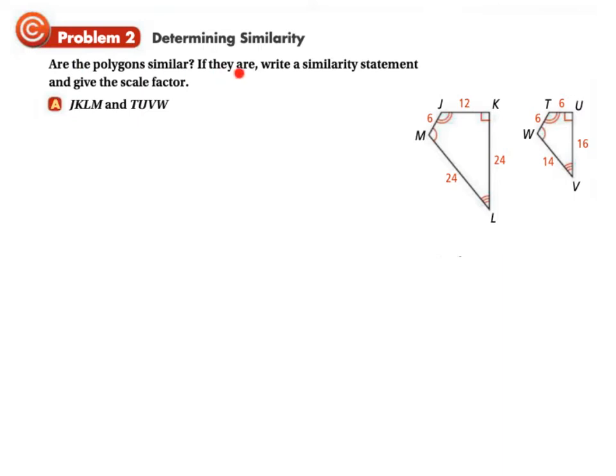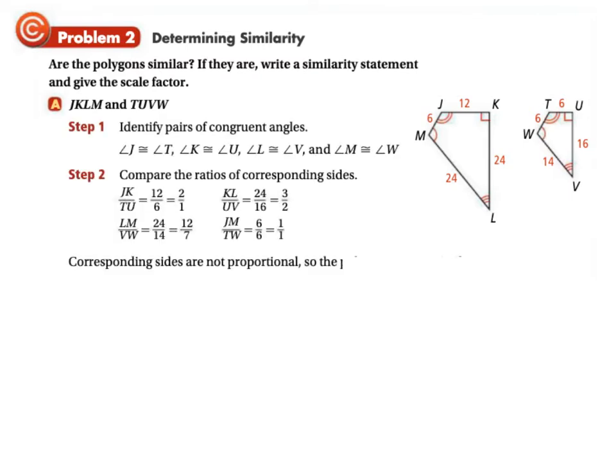Okay, so are these polygons similar? If they are, write a similarity statement and give the scale factor. Now, you can identify all of those congruent angles, but when you compare the ratios, by the way, this isn't necessarily a similarity statement. You don't know that J lines up with T, etc. You've got to check it out with the marks here, okay?